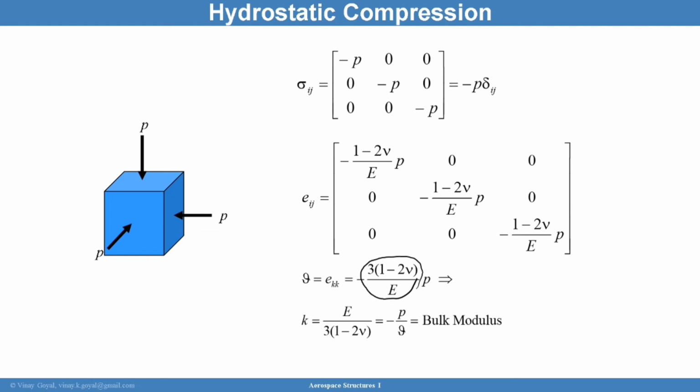So if I have a sample and I subject that to a uniform compression load P, I can calculate how much the material is willing to change in volume. Because we say that this summation of the diagonal terms is equal to the change in volume for a cube. And so this measures the bulk modulus and is also related to E and nu.